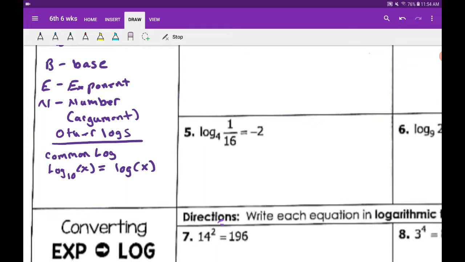Another log we're going to see is something called the natural log. That is a log that has a base of e. Oops, sorry. Let's just not write that e. The base e is just a number.